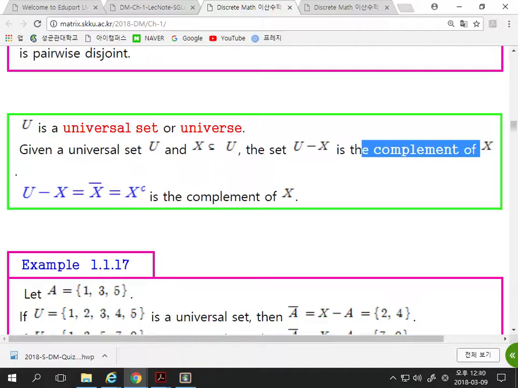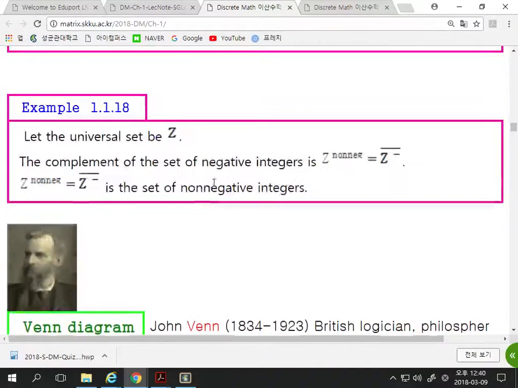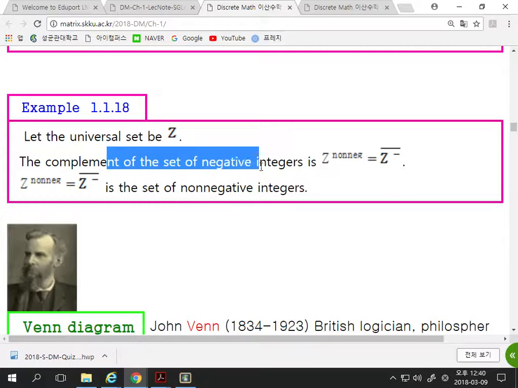Okay. The universal set and subset, then the complement of the subset is denoted with these notations. And here, if the universal set is the integers, then the complement of the set of negative integers can be written like this.